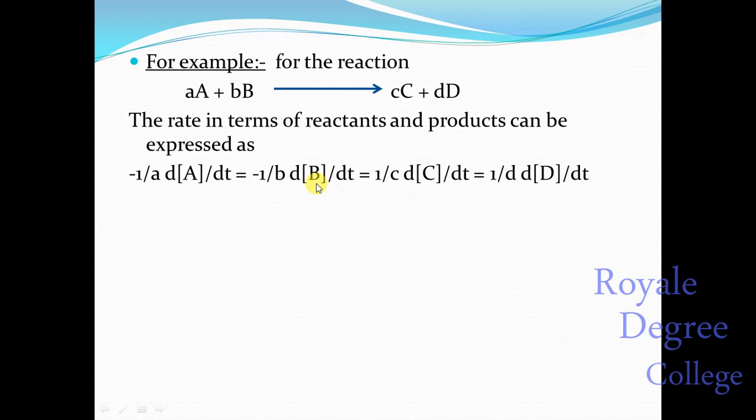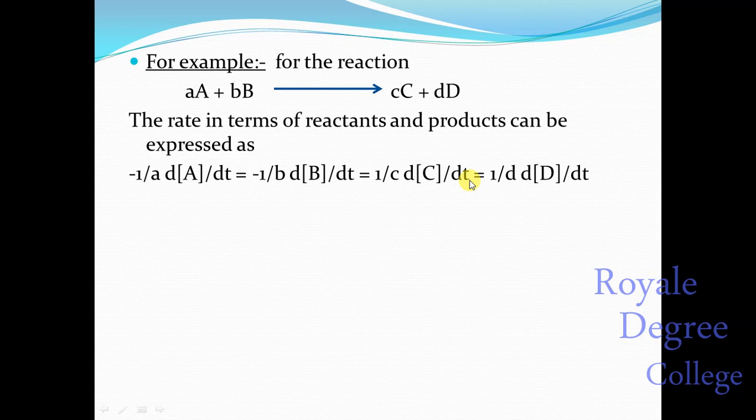Here also the concentration of the reactant B decreases with the given time. It is equal to 1 by c, d concentration of C divided by dt.